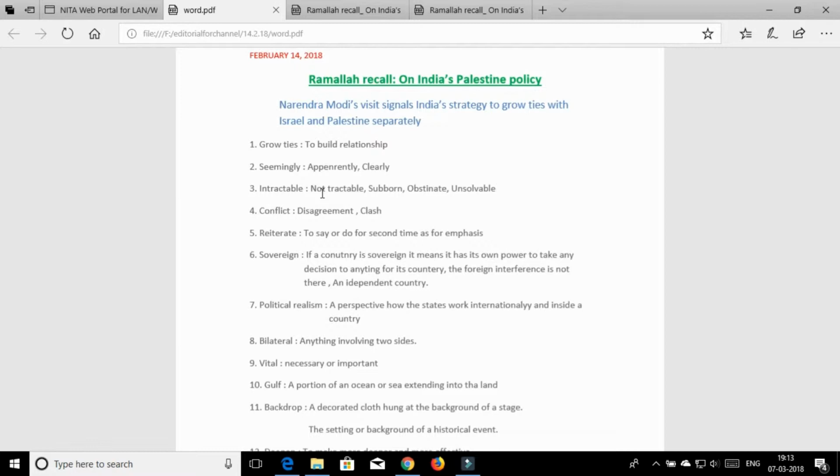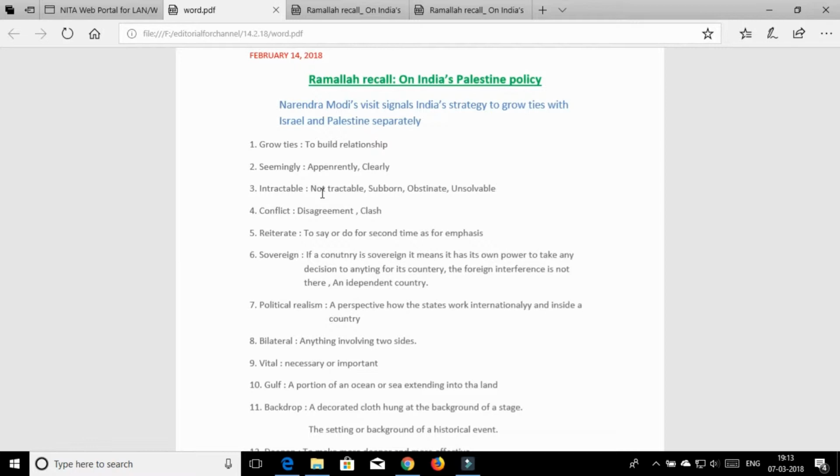Next word is bilateral. Anything involving two sides is bilateral. For example, if the Prime Minister of India is having a meeting with the Prime Minister of any other country, this is a bilateral meeting because it's involving two sides. Next word is vital.